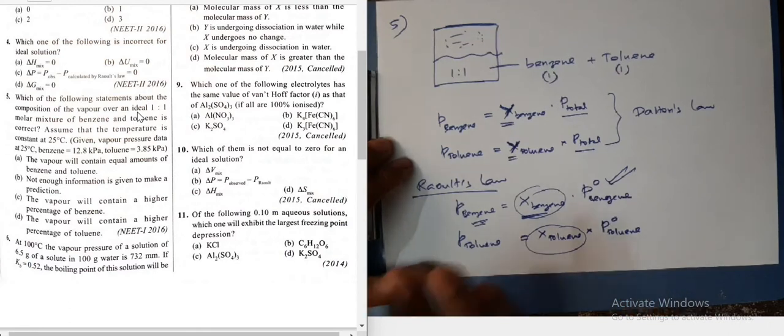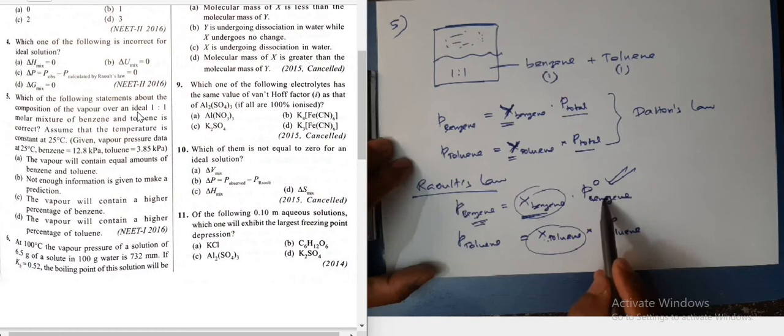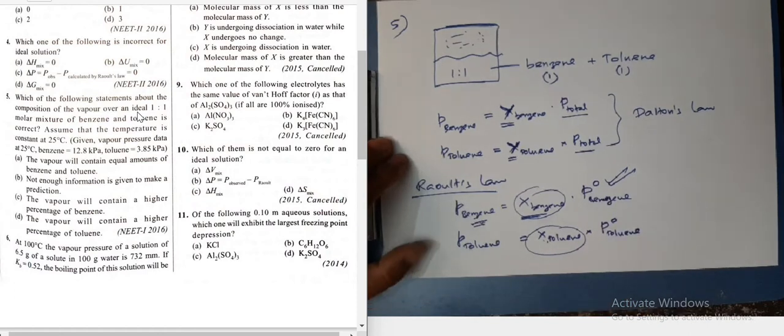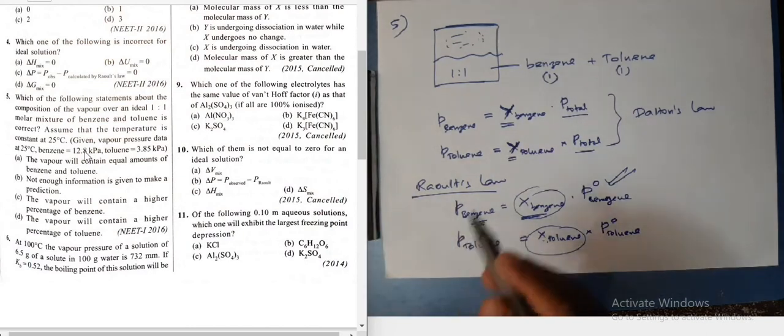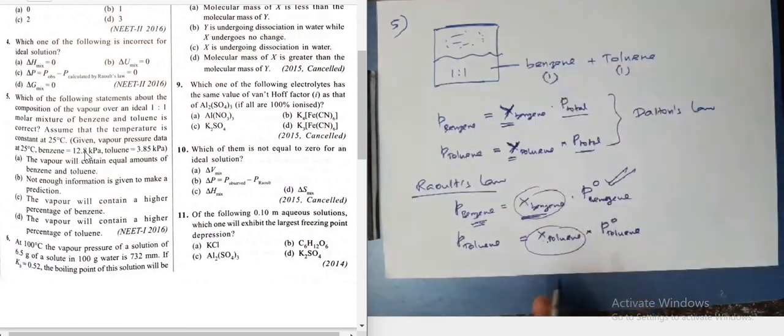Students, observe this carefully. Since the mole fractions are same, the partial pressures depend on the pure vapor pressure. Now you see the pure vapor pressures of benzene and toluene. For benzene it is 12.8 kilopascal. For toluene it is 3.85. Since benzene has a higher value of pure vapor pressure, the partial pressure of benzene in the vapor should be more.